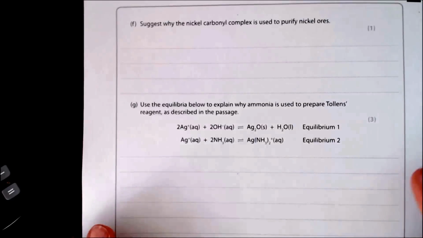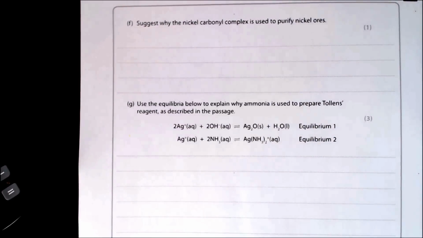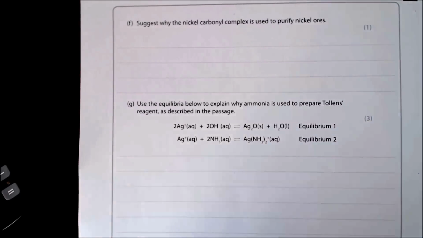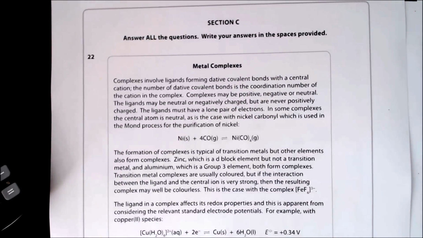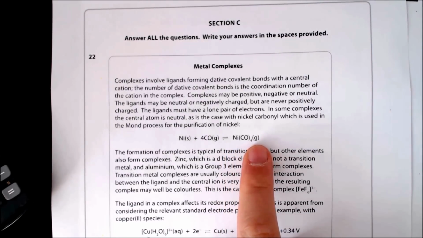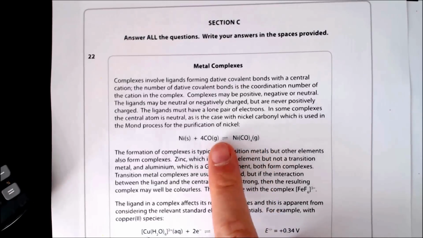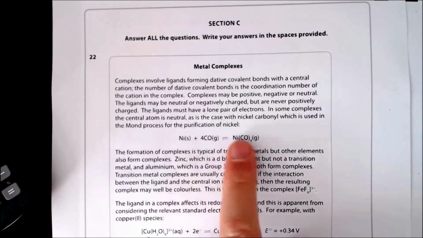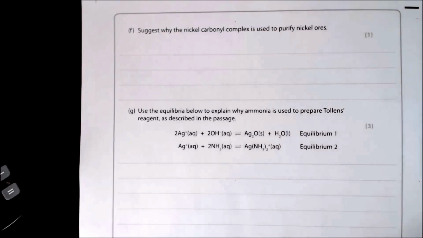Oh, it's the last page. Okay, right, so part F. It says, suggest why the nickel carbonyl complex is used to purify nickel ores. Well, if we come back to this bit back here, the reason why it's used is that this here is a gas, and so therefore it's really easy to separate from the nickel. So that's the reason why we do it.